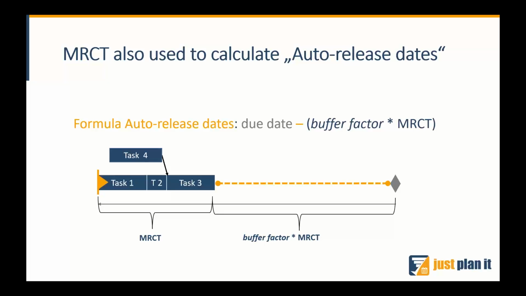Therefore, we now make use of the MRCT. So we calculate the different branches, and then we see where the max remaining cycle time is, and this is then weighted by the buffer factor to automatically calculate your earliest wanted start date.